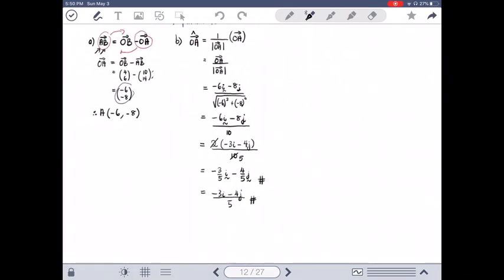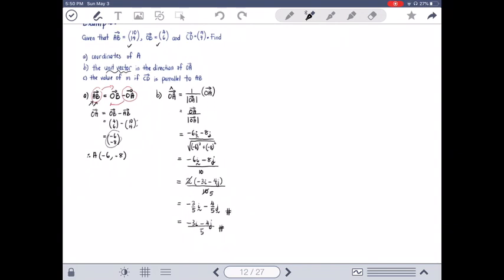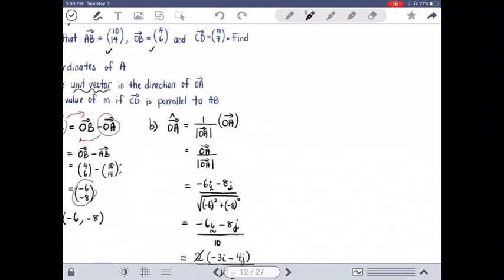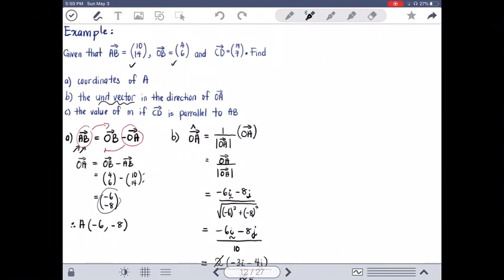Okay, now we look at C. The value of m if CD is parallel to AB.